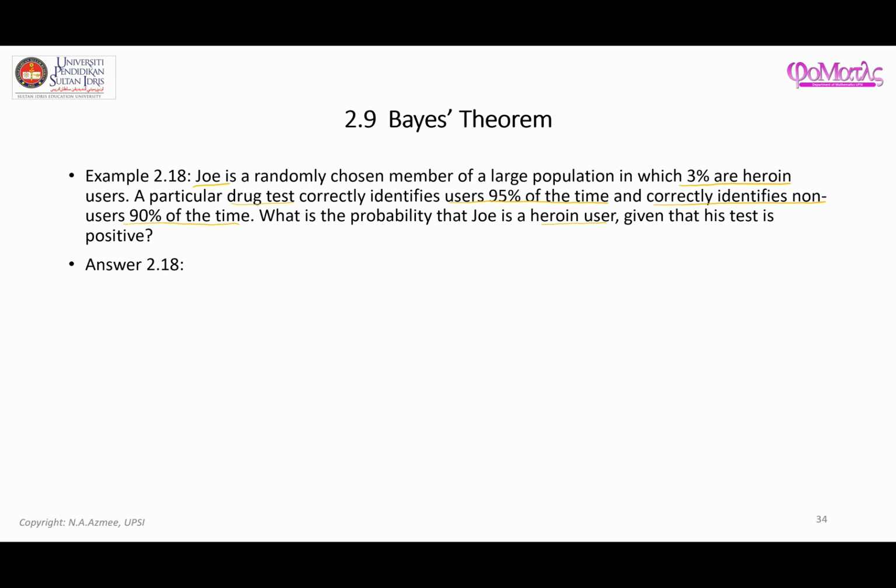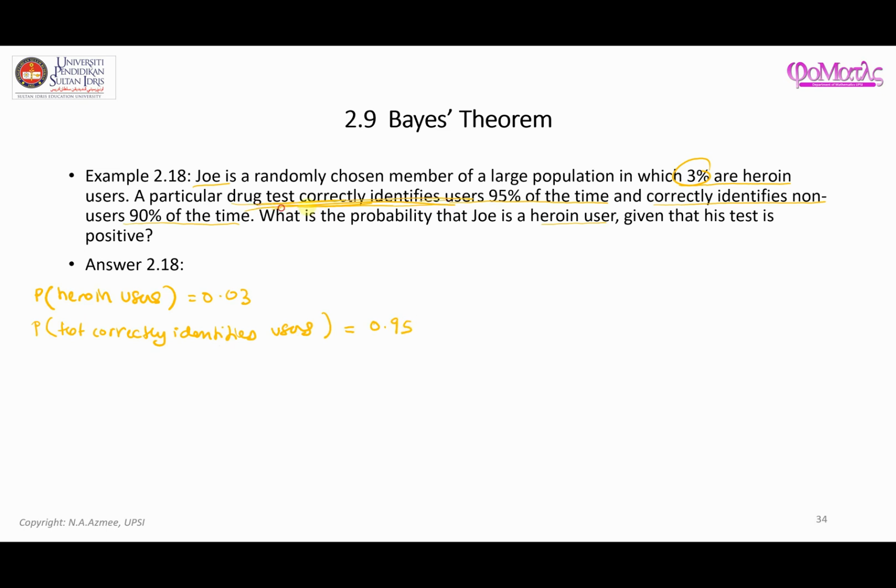So here we've got the probability the person is a heroin user. The probability of heroin users is 3%, which is 0.03. Next, the test correctly identifies users. So I'm going to write down this whole sentence: probability test correctly identifies users is 0.95.